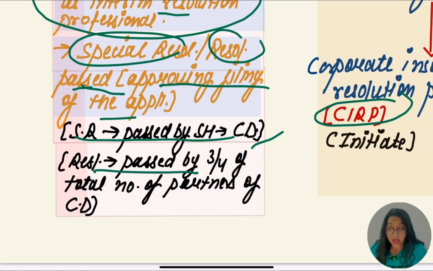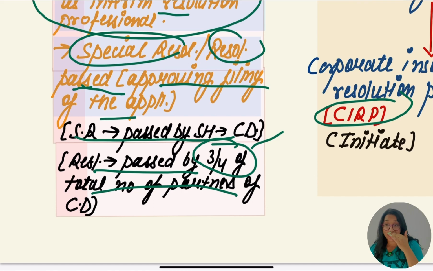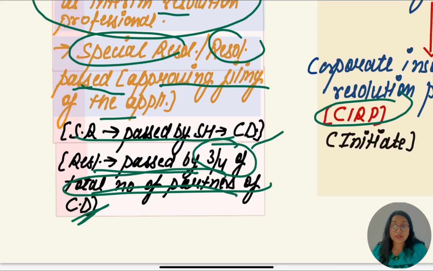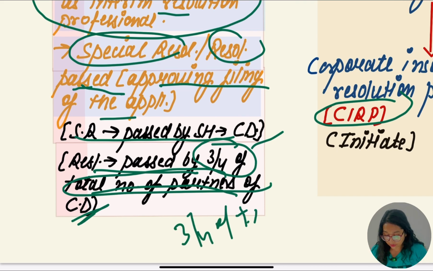The resolution is to be passed by 3/4 of the total number of partners of the corporate debtor. Again, a special resolution is passed by shareholders, we know this. Second, for a resolution, 3/4 of the total number of partners of the corporate debtor. CD is corporate debtor. So we are going to take 3/4 of the total number of partners. Hope this point was clear.